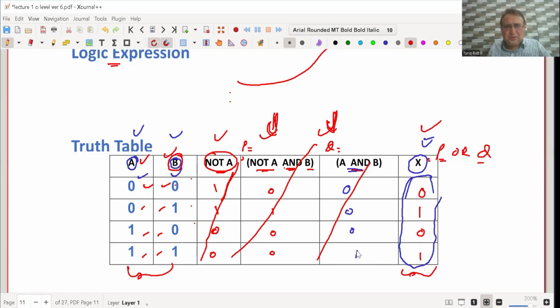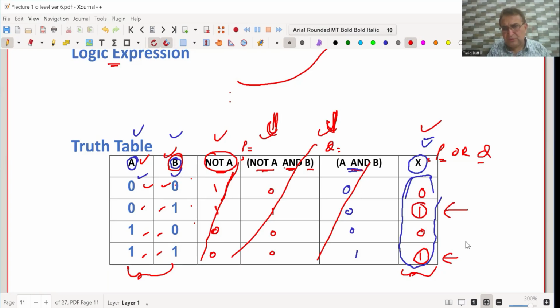So suppose you are asked to build the logic expression from this truth table. Very important to see that you have to just see where the outputs are 1. These are at 2 places. One is at this place and the other one is at this place. I'm going to backtrack from the truth table if I have to build the logic expression.